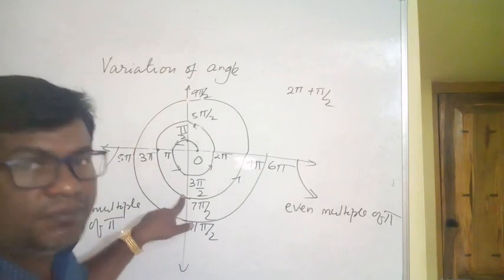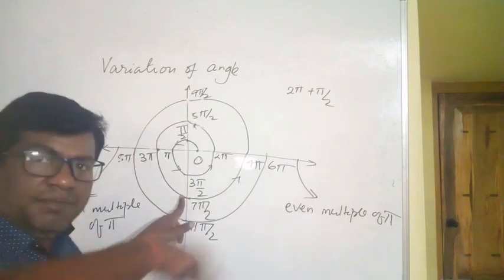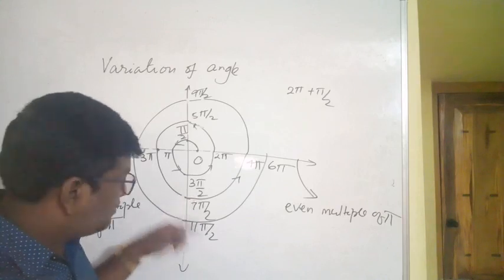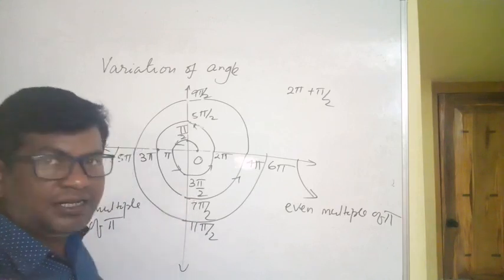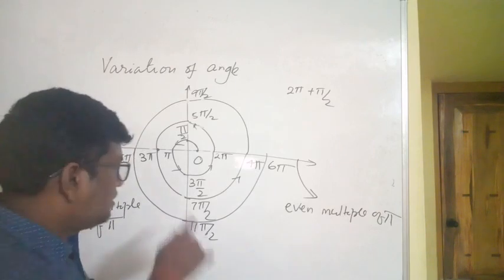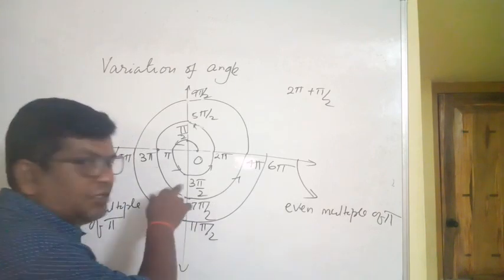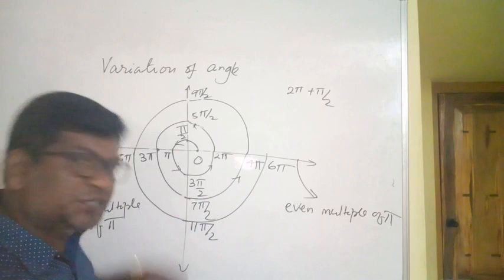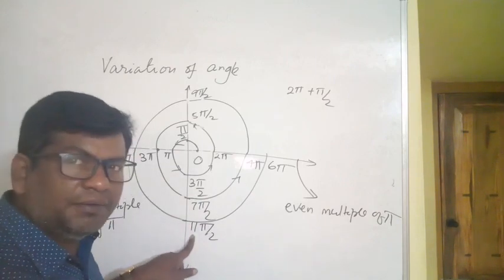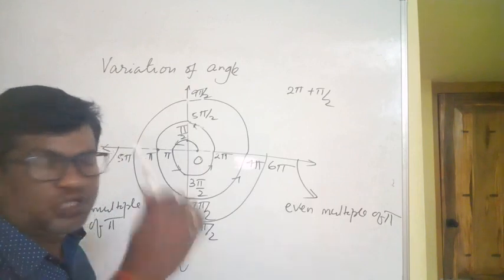And this starts from 3 pi by 2, and the gap is 4: 3 pi by 2 plus 4 in the coefficient of pi by 2 gives 7 pi by 2, then 11 pi by 2, etc. The gap is 4.